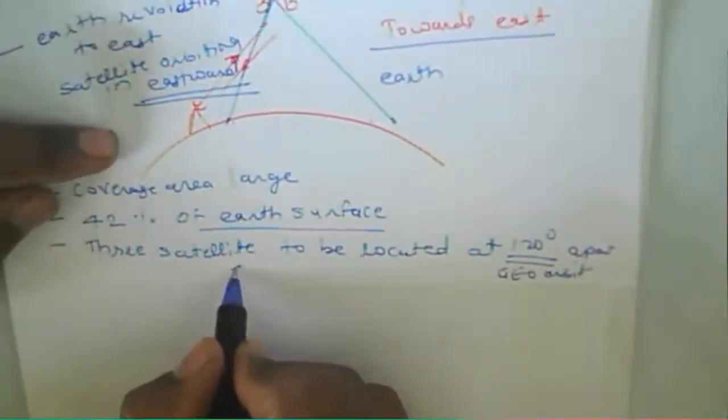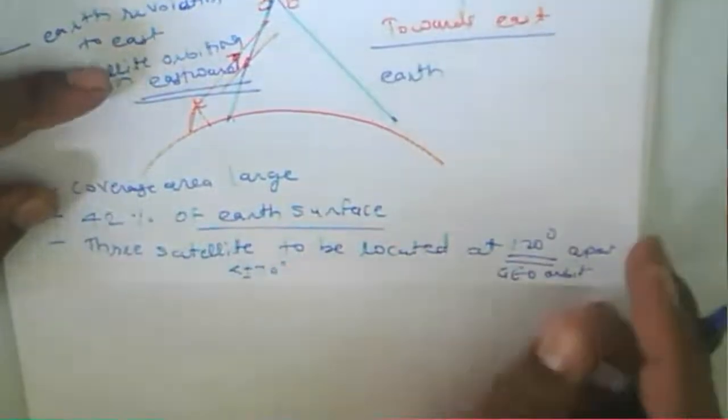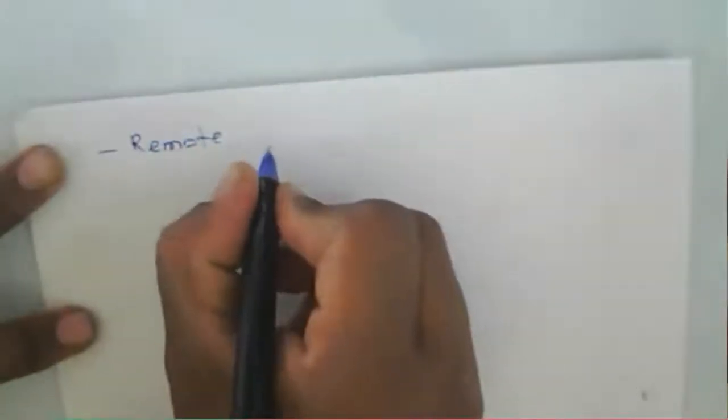And earth stations are to be located at a latitude less than plus or minus 70 degrees. These satellites are useful for remote area communication.